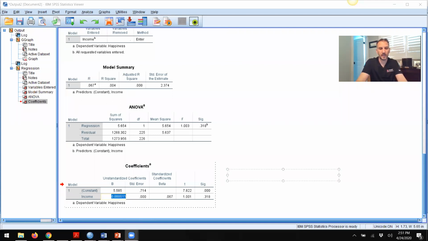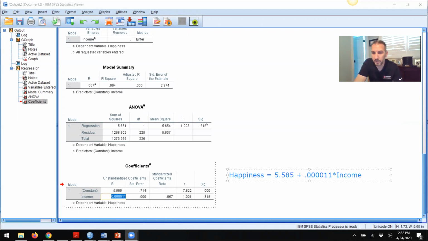Happiness equals 5.585 plus, and it's very, very small, 4 zeros and then 11, times income.